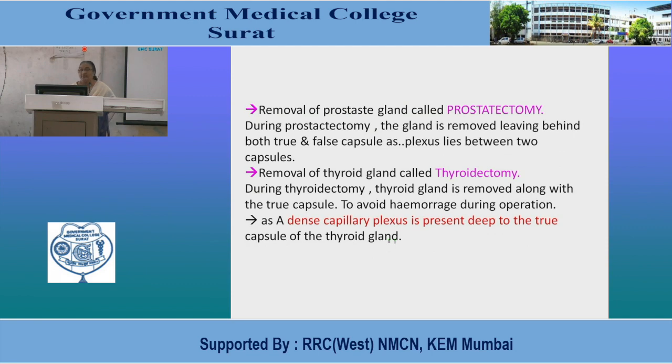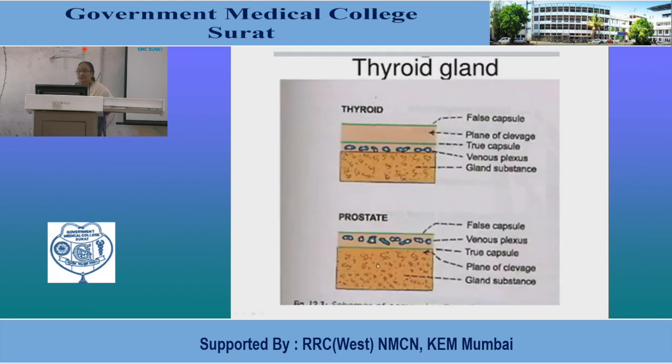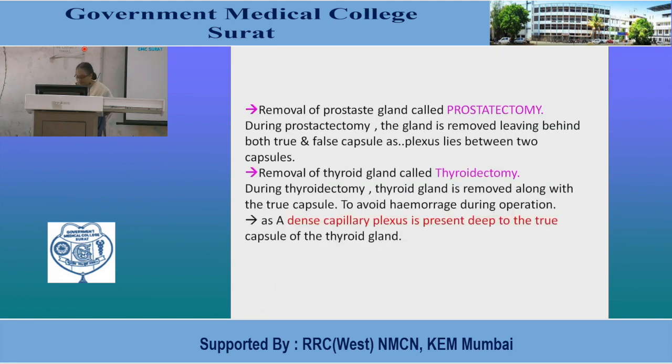Here you can see the given diagram. This is the prostate. This is the true capsule. This is the glandular substance. This is the cleavage line. Here is the true capsule and this is the false capsule. What lies between these capsules? The venous plexus. That's why it leaves behind both capsules, right?